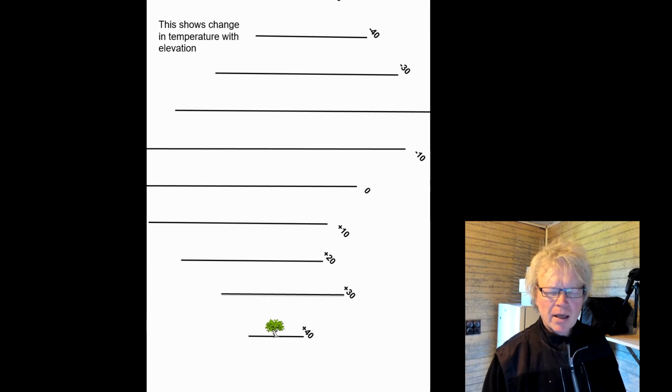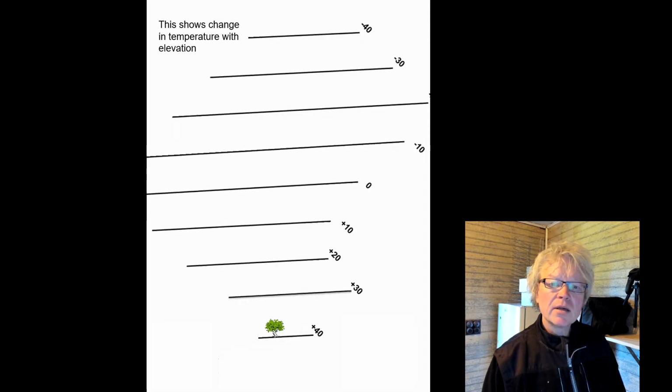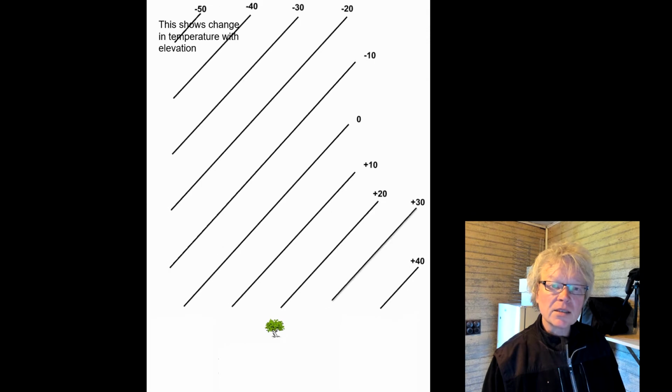Now, this set of lines here is fine if it was 40 degrees at ground level where you were standing. But it's not always 40 degrees in every place on the Earth. Of course it's not. And so in order to make the diagram useful, we have to skew the lines like this.